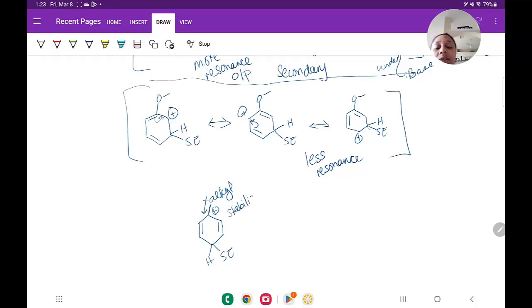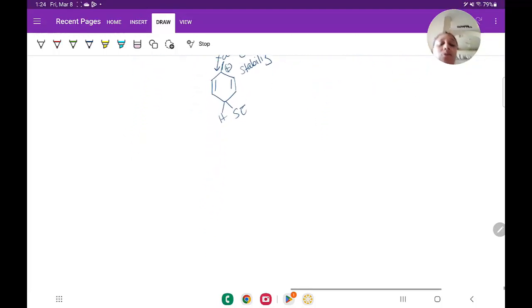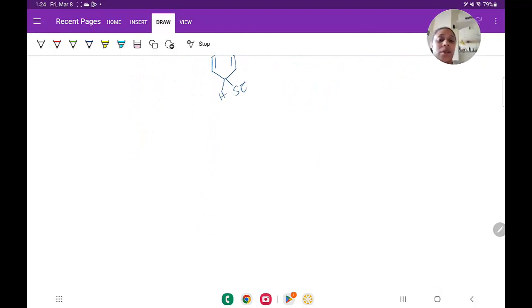And so even though there isn't an extra resonance, we do have stabilization because the positive charge is stabilized by alkyl groups. Now, what happens with electron withdrawing groups and what's going on there? And later on we'll talk about what happens when we have multiple groups.